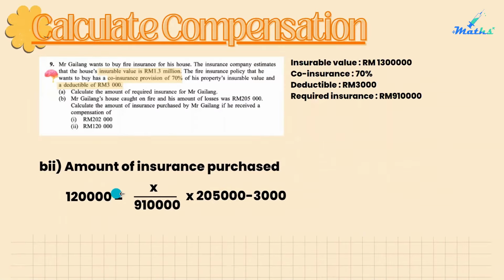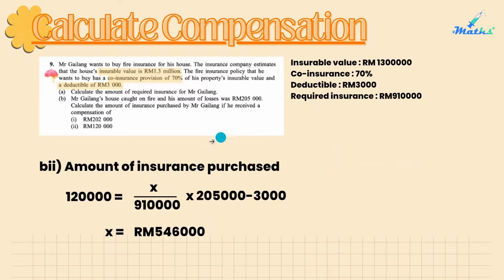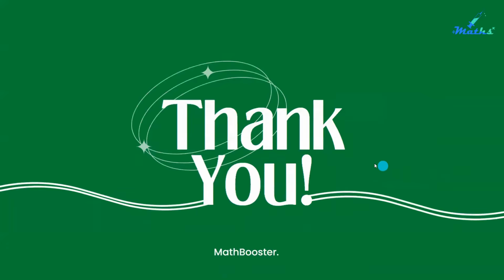So we use 120,000 equals the unknown, which is X, divided by the required insurance, times the loss, minus the deductible. So X will be 546,000. So this is the insurance purchased by Mr. Gailang for Roman 2. So that's all for this chapter. Thank you.